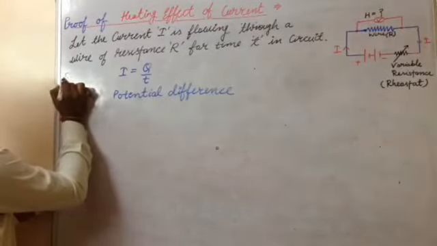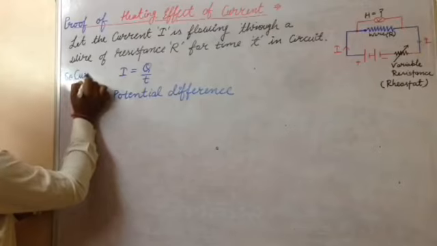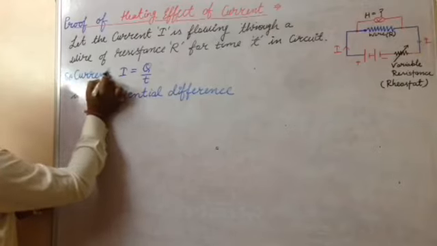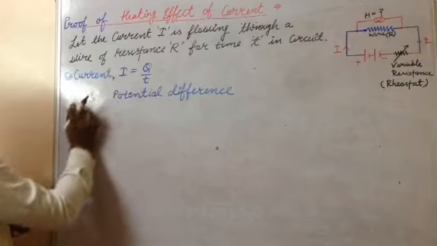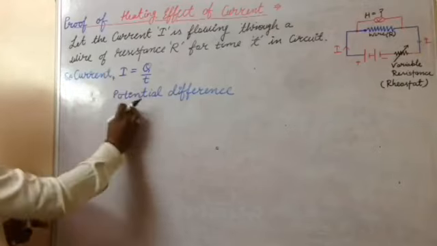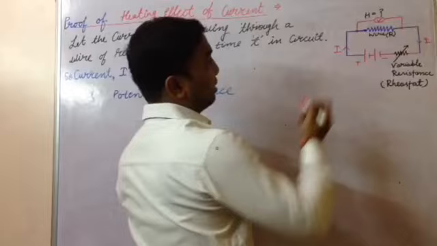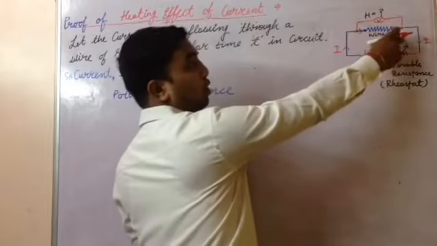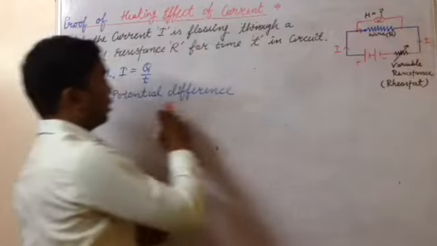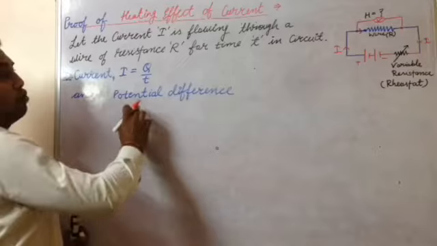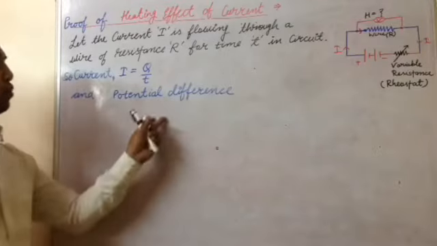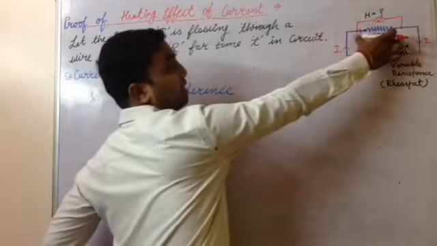So current I equal to Q upon T and potential difference. Now tell me, what was the current flowing through the circuit? I equal to Q upon T. You have given information of current flowing through the wire. Now you will have to tell the potential difference for this wire. What is the potential difference here?